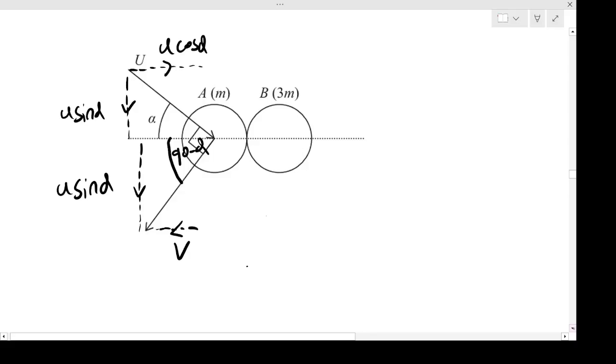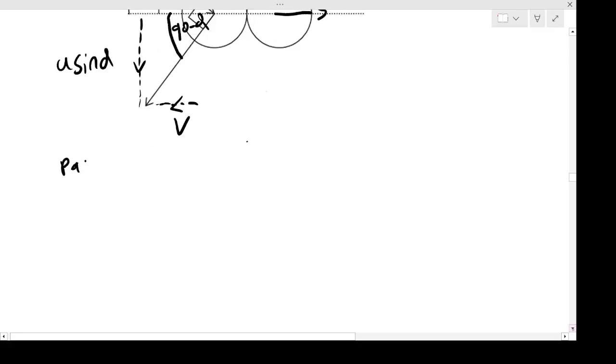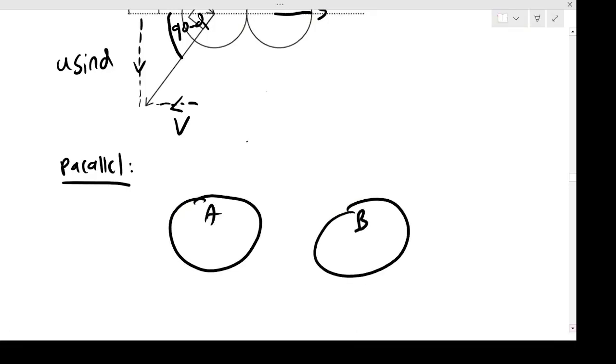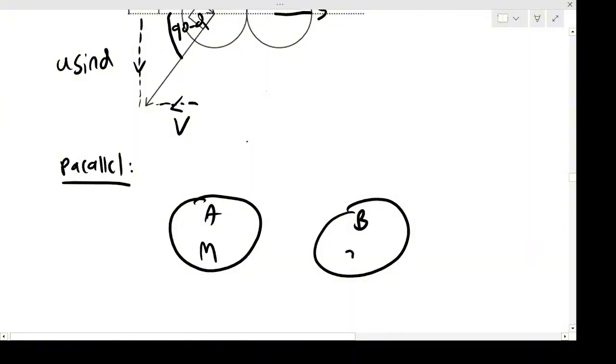Then for B, it's originally at rest. So afterwards, it can only move parallel. So horizontally, it's probably going to move to the right. I'm going to call that part W. Now I'm in a position to do my parallel parts and then apply my usual stuff. So I have A and B. A has mass m and B has mass 3m.